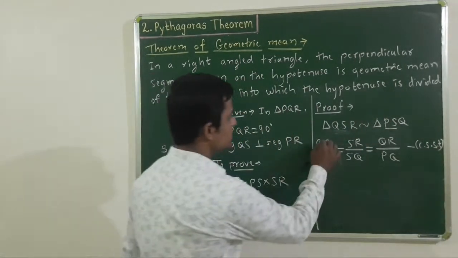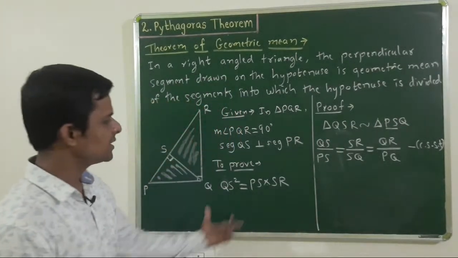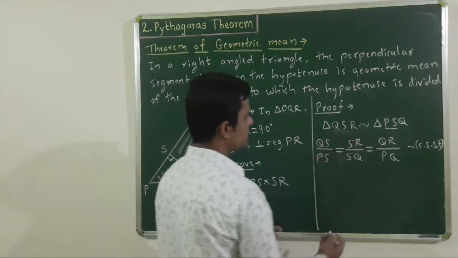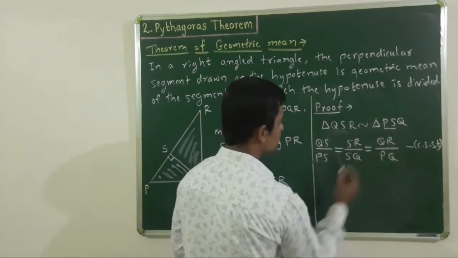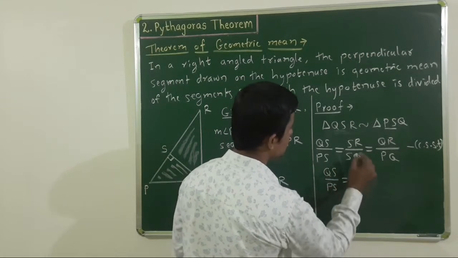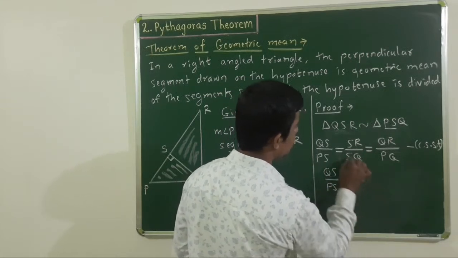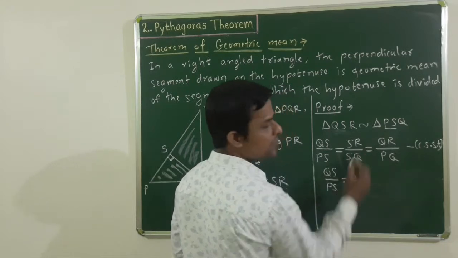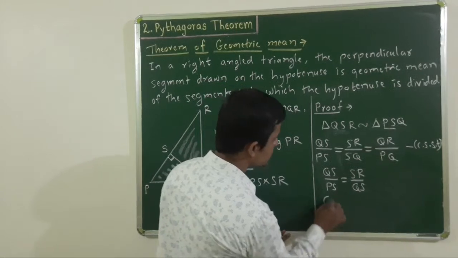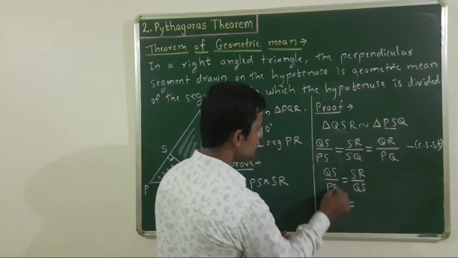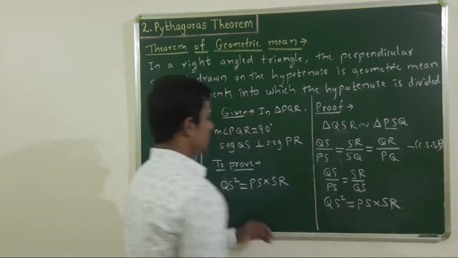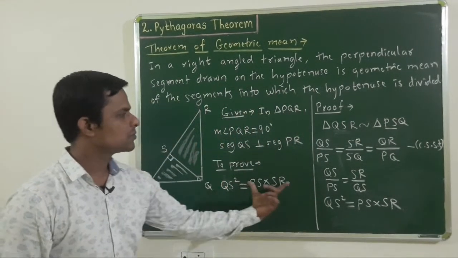Now out of these three ratios we will take only two ratios containing these four sides, means I will not take the last one. I am writing these two ratios again: QS upon PS is equal to SR upon SQ, and SQ and QS both are the same. Then by cross multiplication we will get QS into QS, that is QS square is equal to PS into SR. That was our target.